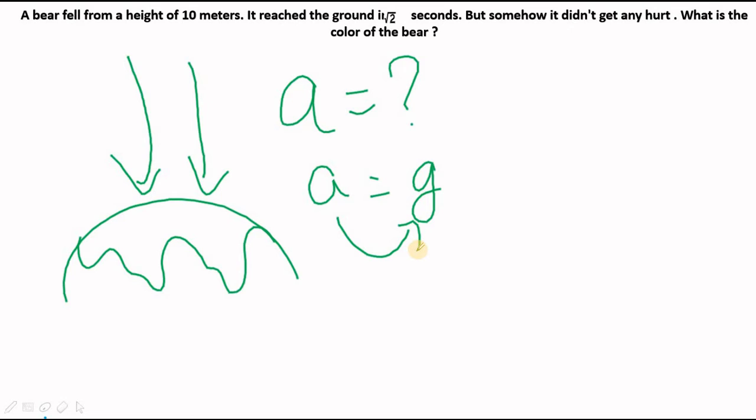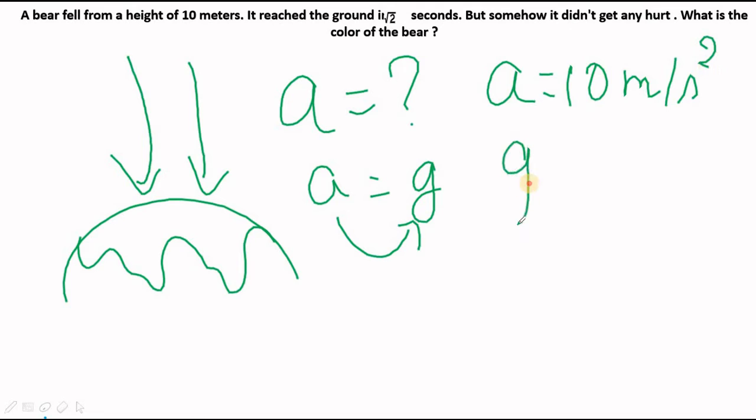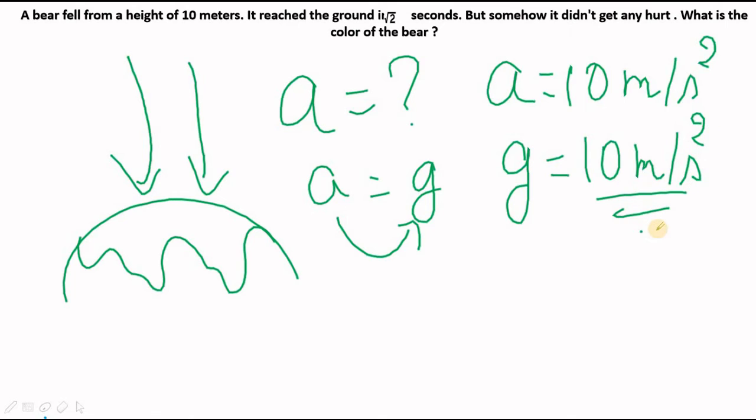So now from this question we get to know that a, which is 10 meter per second square, would be nothing but g, 10 meter per second square. So the 10 meter per second square that we got here is nothing but acceleration due to gravity.